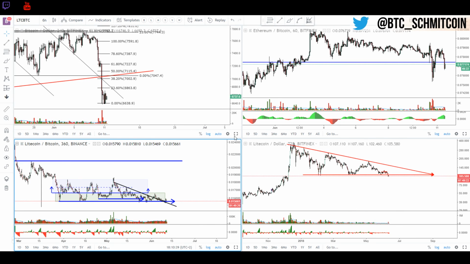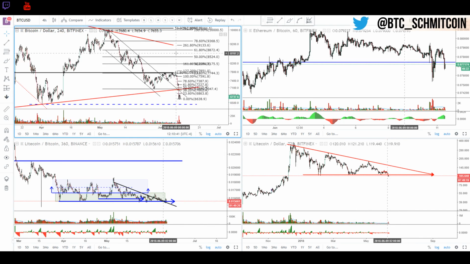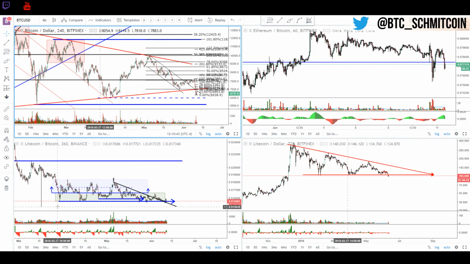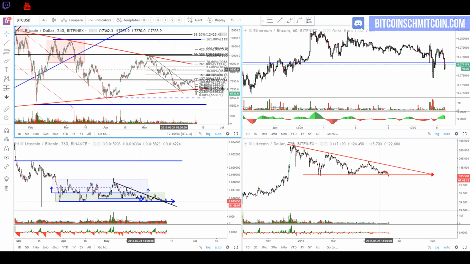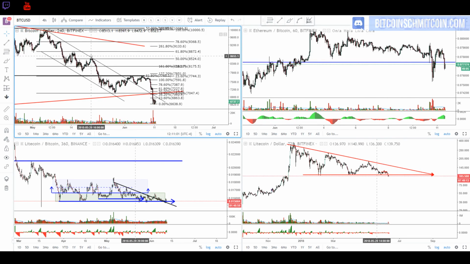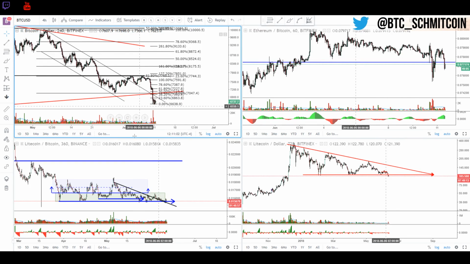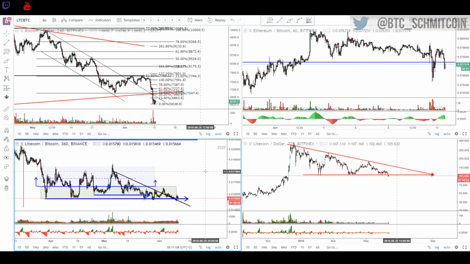If we look at Bitcoin, every time it's made a shove downward, it's held support over and over again. It held support for the last $2,000 of movement, from 8,600 to 6,600. So it's got firm support there.